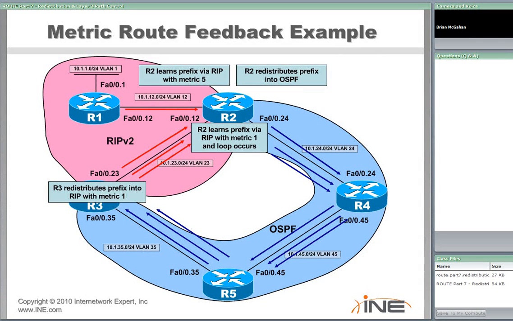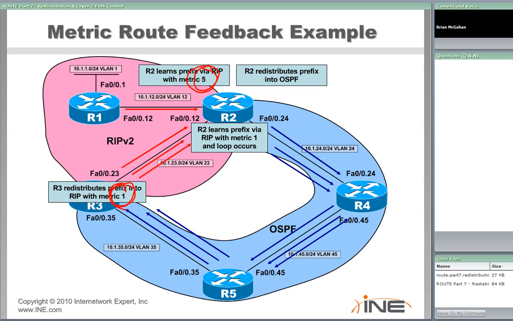So router 2 is basically saying, I have two paths now to get to this prefix. I have the one that's coming in from router 2 with a metric of 5, and I have the one that's coming in from router 3 with a metric of 1. So since they're the same longest match to the destination, we're choosing the lower metric value and installing that into the routing table.